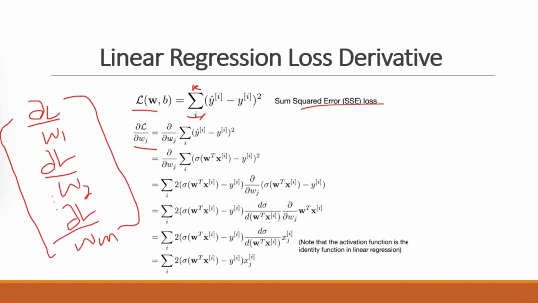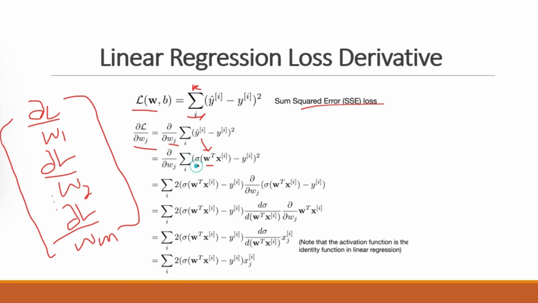So we are deriving the loss function with respect to the weight. This is just a sum squared error loss, and now we are differentiating it with respect to Wj. In the first step, I'm expanding the prediction term. If you recall how we compute the prediction, it's the weights times the feature values plus the bias. Here I'm ignoring the bias, let's say it's implicitly included in the weights, just for simplicity.